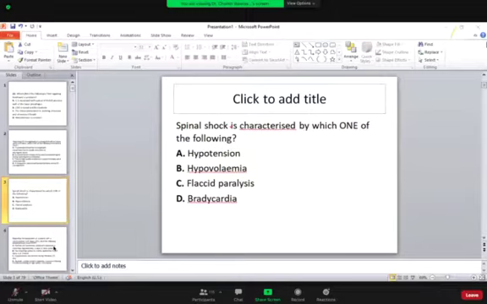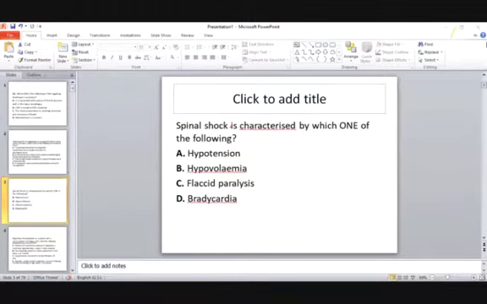Of course, you can have breathing problems due to other associated injuries, but specifically when you talk about spinal cord injuries, if the patient has an injury above C3, then there will be diaphragmatic paralysis. The patient can't breathe by himself, and will depend on ventilation long term.